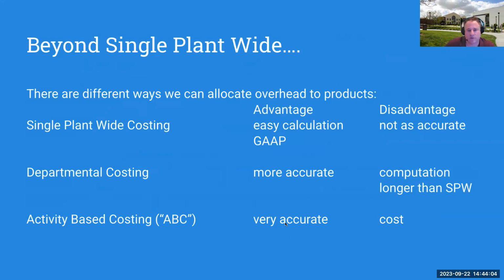It's going to give us the most accurate numbers, because we're looking at our overhead on a much more granular basis. However, the disadvantage to activity-based costing is the cost. It's going to cost more to do these computations. So these are the three methods that we're going to look at.